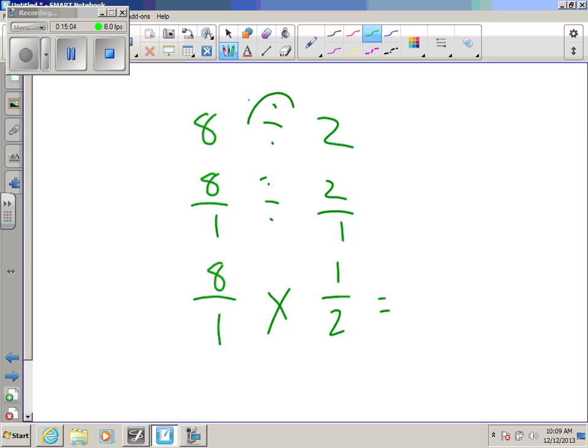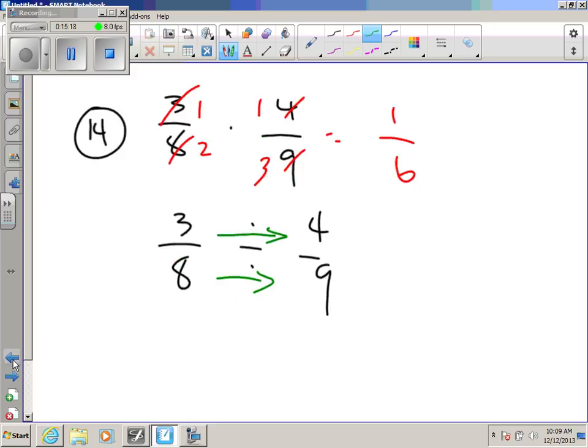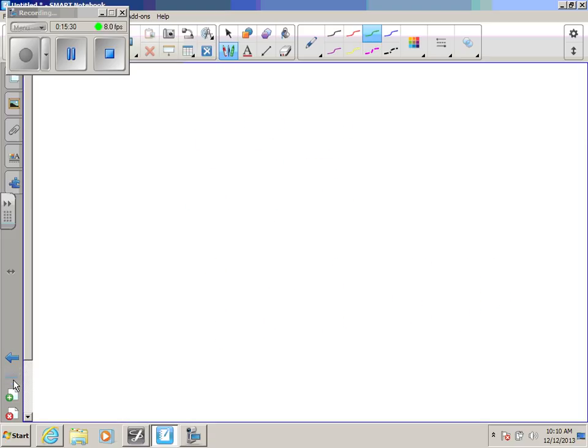Dividing by 2 is the same as multiplying by half, by its reciprocal. Because 8 over 2 is going to give me the 4 I'm looking for. So even if you go back here, dividing by 4/9 is the same thing as multiplying by 9/4 when you flip it. Okay? So you only flip when you divide.